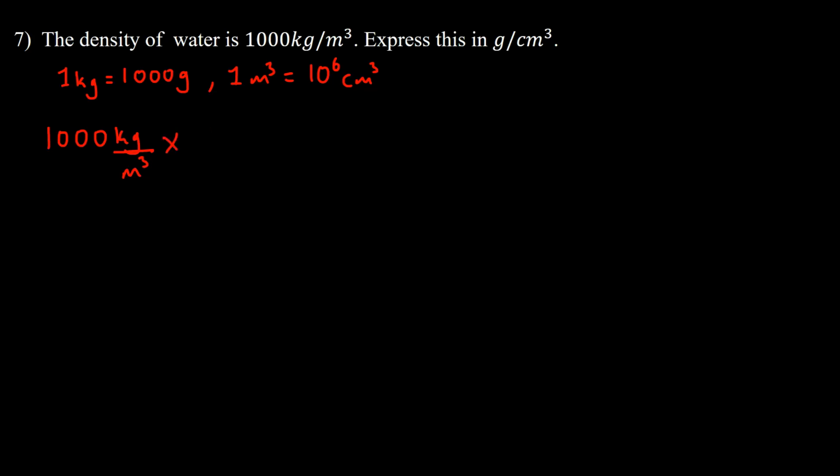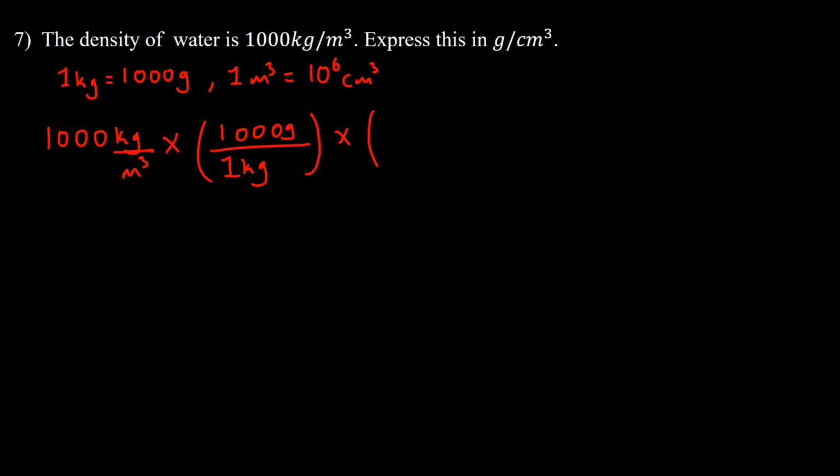And then we multiply by 1 kg over 1000 grams. And then multiply it again by another conversion factor.